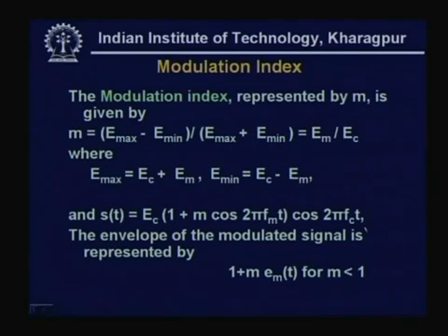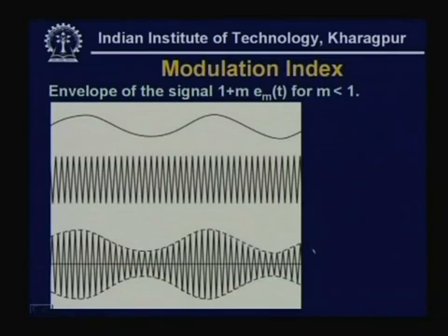There is an important parameter called modulation index, which is represented by M. M is given by (E_max minus E_min) by (E_max plus E_min). If you look at this diagram, here you see this is your E_min and this is your E_max of the modulated signal.